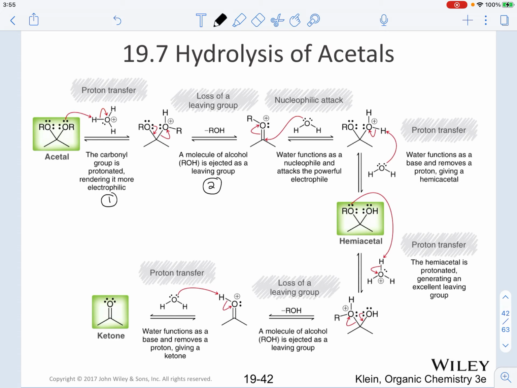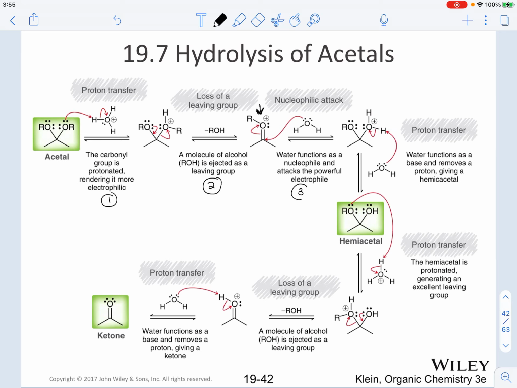Now that we have this electrophilic species, okay, then the water molecule can go and attack the carbon in the carbon-oxygen double bond, putting the electrons up to the oxygen.